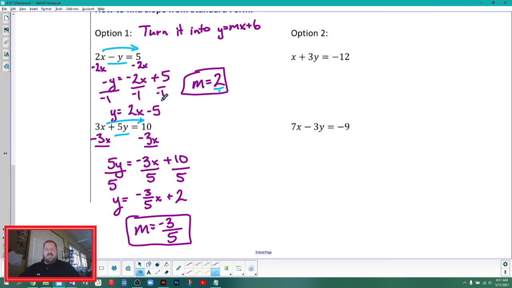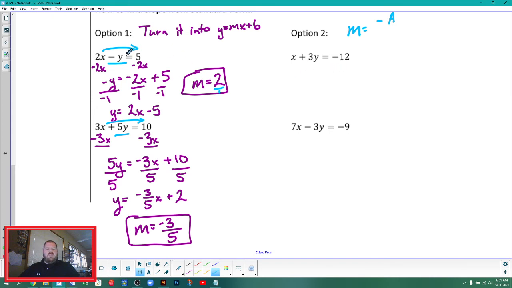In a way, it's the opposite of it, because when I move it over, whatever sign is on that number multiplied by x, I'm doing the opposite. On these two, they were both positive x terms, and so I subtracted them. So the quick way is to say that it's the negative of the number multiplied by x, which in standard form we call a.